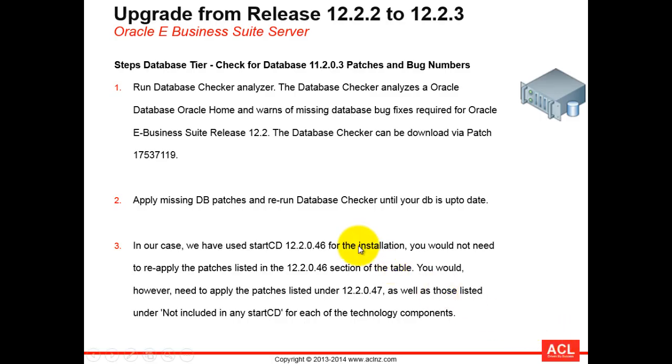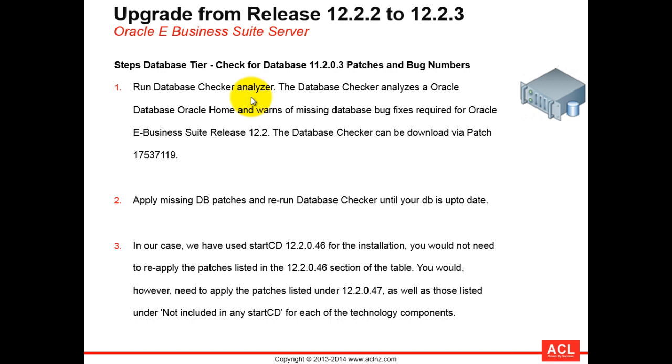Now in terms of the upgrade, what you've got to do is first start upgrading your database tier. Oracle has provided a tool called the database checker analyzer tool, which when you run on your release 12.2.2 instance, is going to pop out all the patch information that you've got to apply prior to upgrading to release 12.2.3.